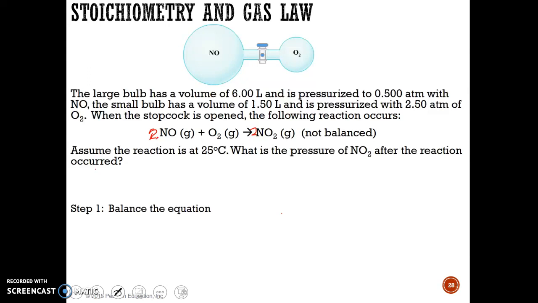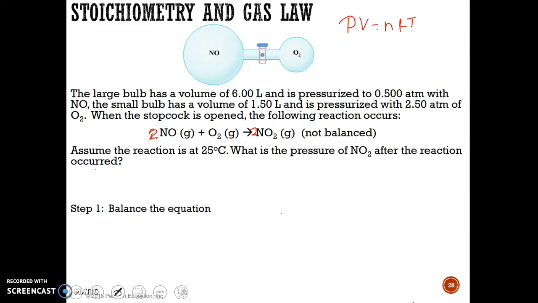And this should look familiar from Wednesday when we found the molecular weights. Here we can still start with finding the moles. So we know that the gas law is PV equals nRT. In this case, we have 2 gases, though. And if we take the scenario before we open the stopcock, we know the pressure, volume, and temperature of each of the gases before they react.